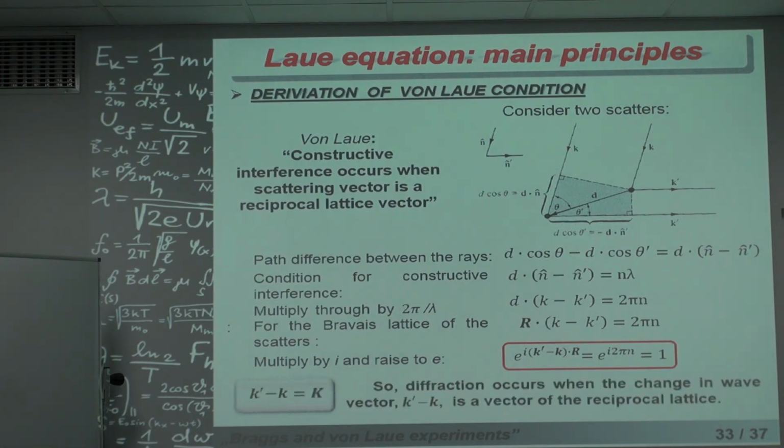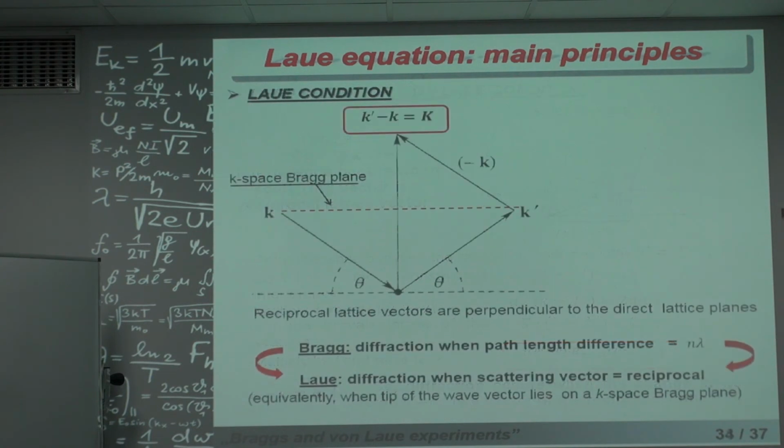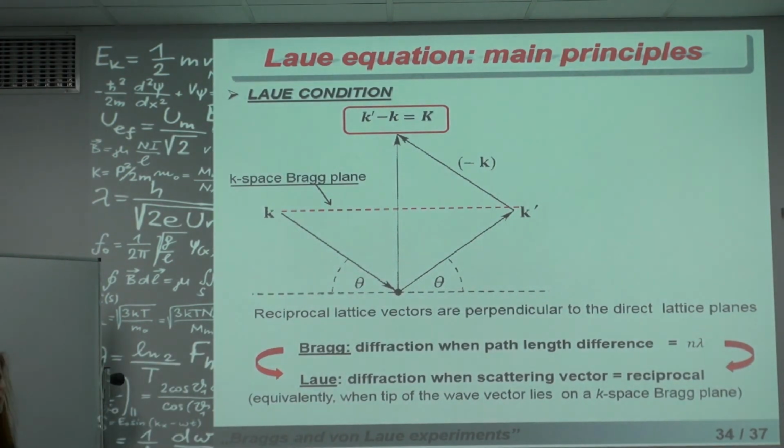From this, we may say that Laue was right: diffraction occurs when the change in the wave vector, k prime minus k, is a vector of the reciprocal space, which is better visible in this picture. So the difference between them is not that large. When we talk about Bragg reflection, we must notice that diffraction occurs when the path length difference is equal to n lambda.